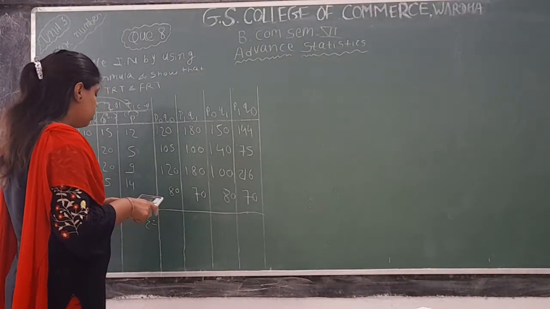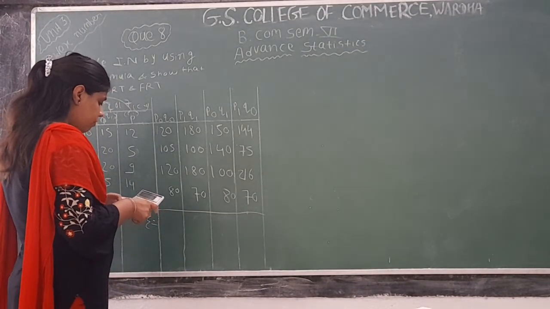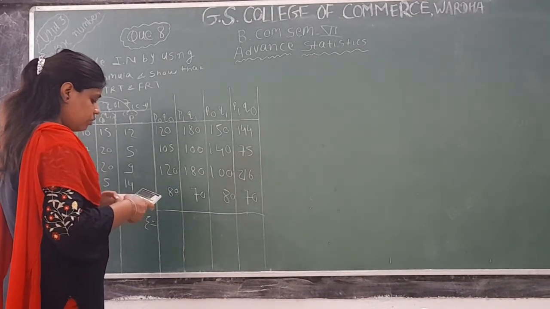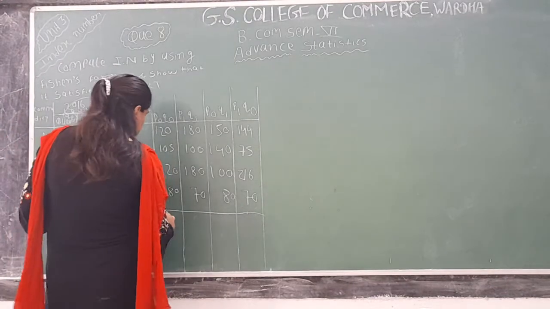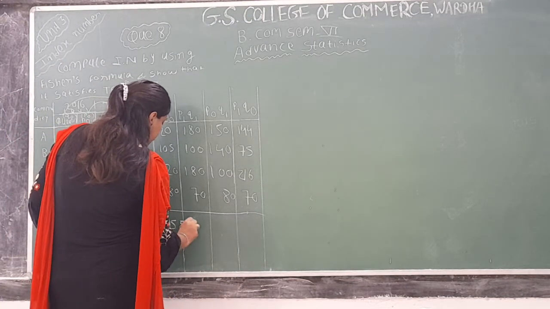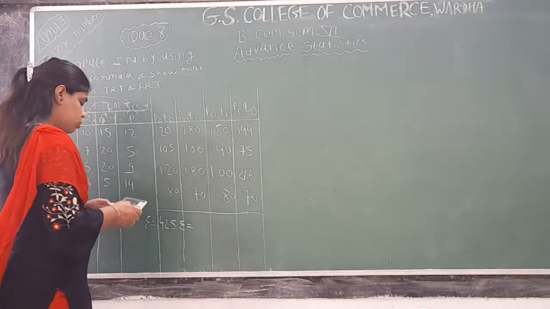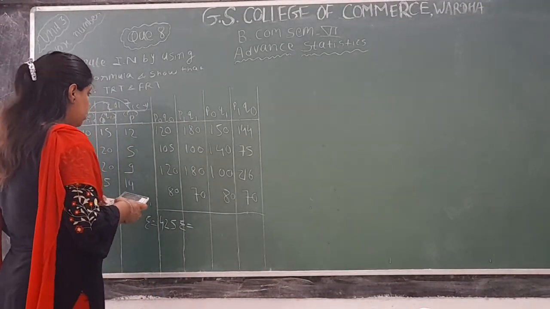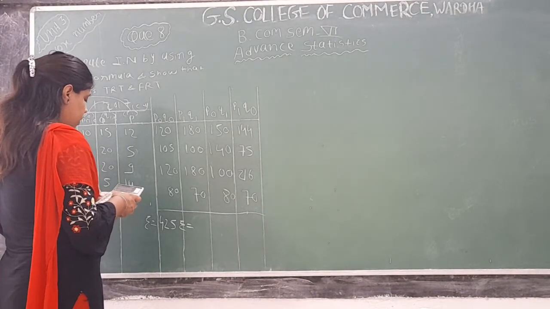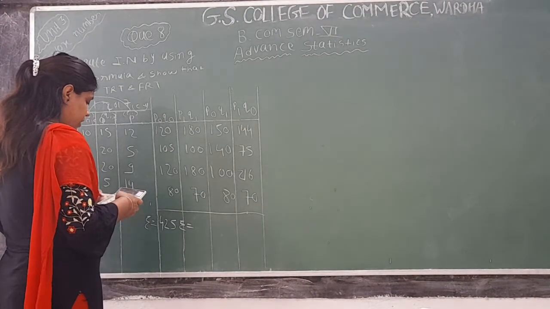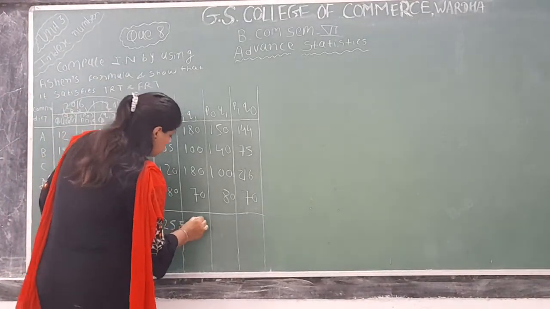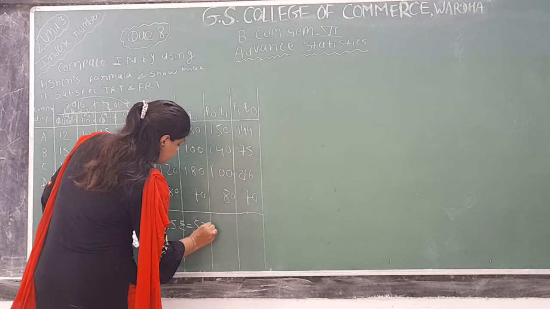Now the summations. ΣP0Q0 is 120 plus 105 plus 120 plus 80. It comes to 425. ΣP0Q0 is equal to 425. After that, ΣP1Q1 is 180 plus 100 plus 180 plus 70. It comes to 530. ΣP1Q1 is equal to 530.